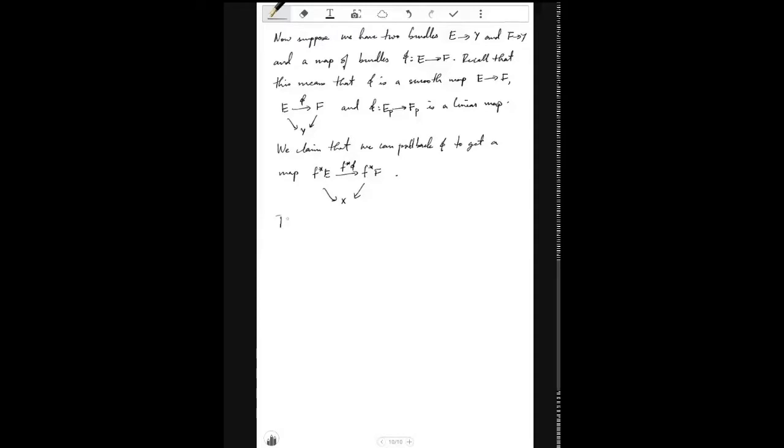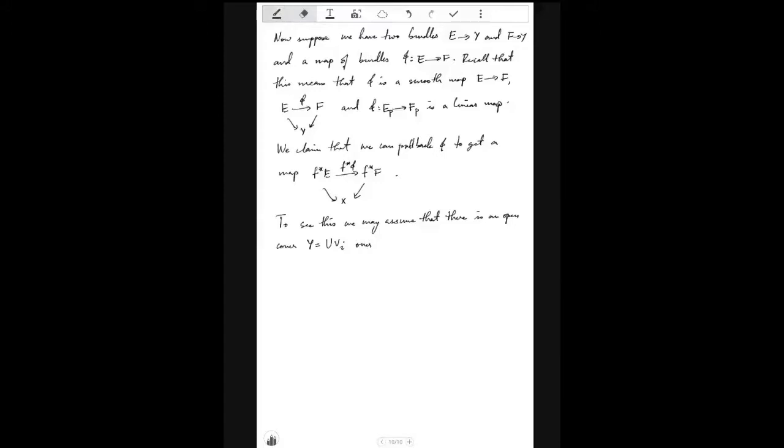So to see this, we may assume that there is an open cover of Y over which E and F are both trivial.